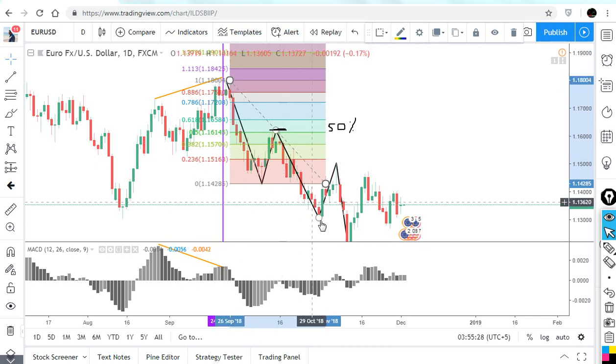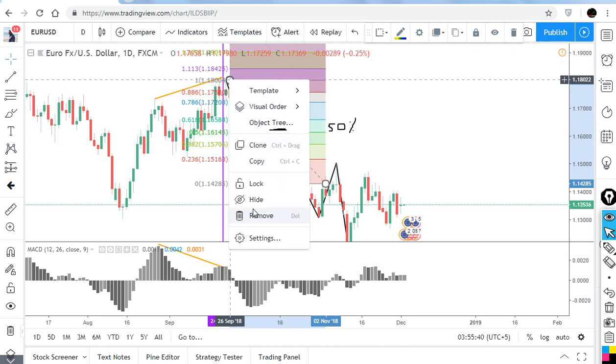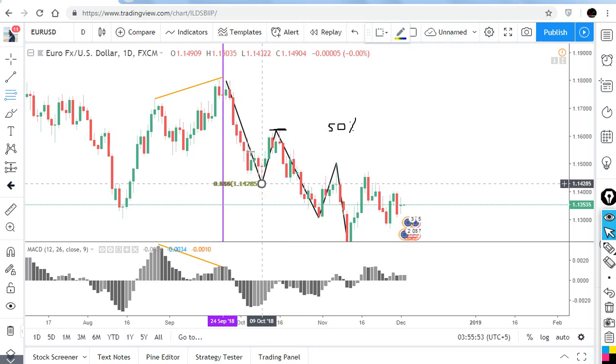From here to here there is no market right now, we are just here, and we are seeking where it will go further. So what will the ratios be, right? So we will make our Fibonacci retracement. We trace it another way. First we trace it here, now we trace it here to here.